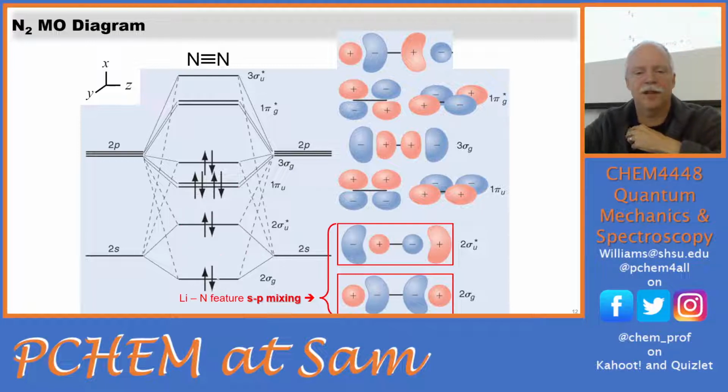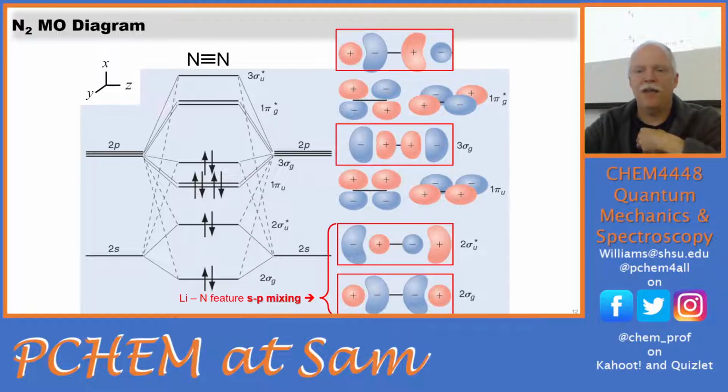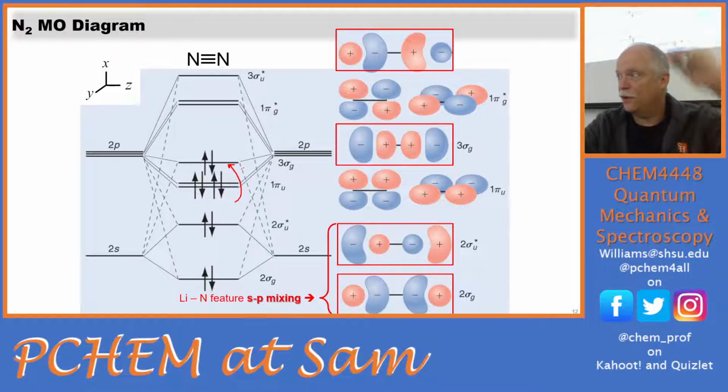They still have a lower energy bonding orbital and a higher energy antibonding orbital. But look what's happened here to the pz's. Now the pz sigma is above the pi bond. Okay, so this sigma bond has moved up. It was down here, and now it's up here. So that's a big difference. That's really the only difference with sp mixing, that these orbitals have swapped places in terms of their order.